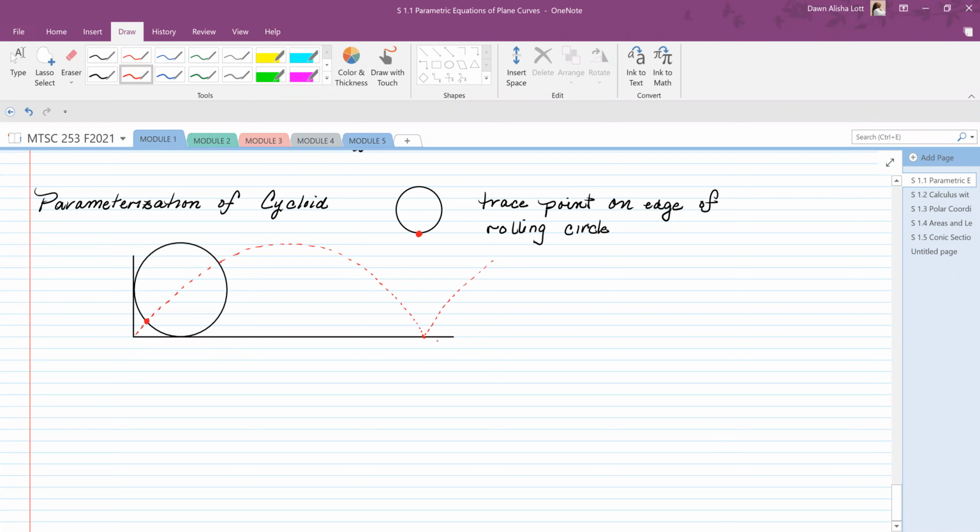Okay, so let's find the center of the circle. Here's the center of the circle. And this circle is of radius A. So A is the radius of the circle.